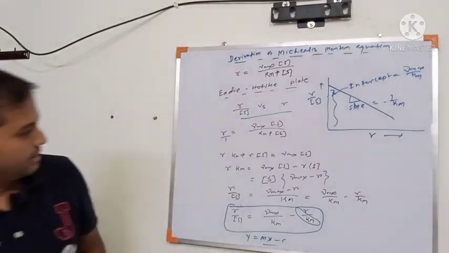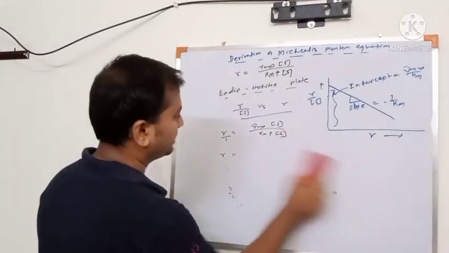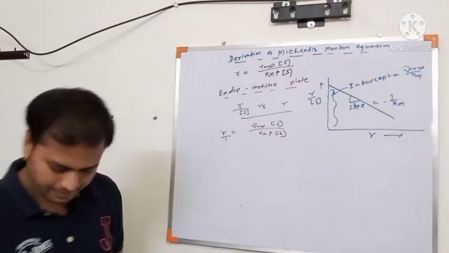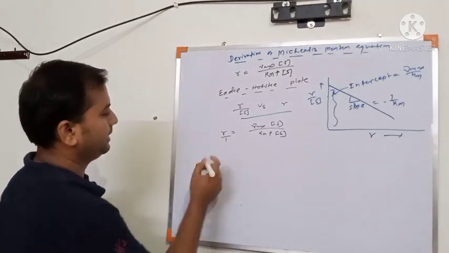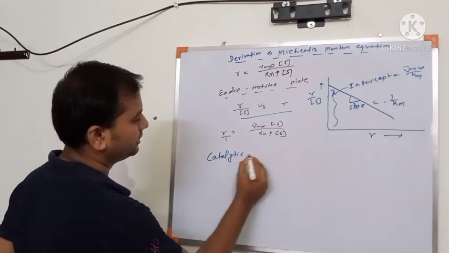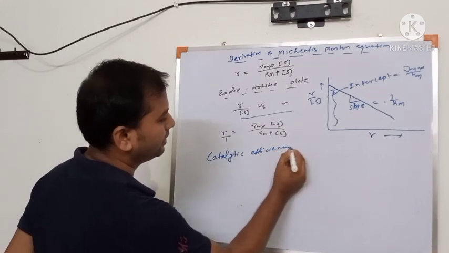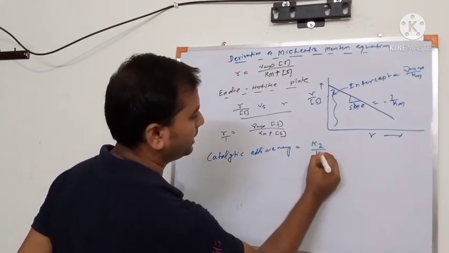Now another is catalytic efficiency, equal to K2 by Km.